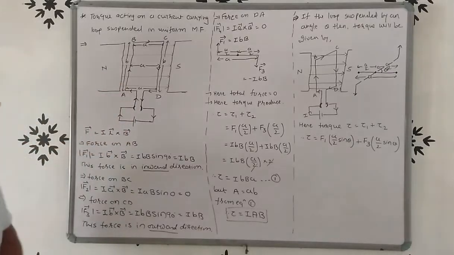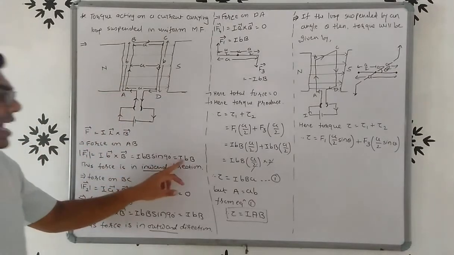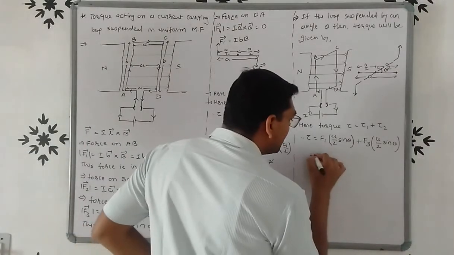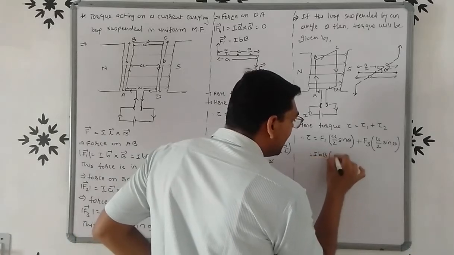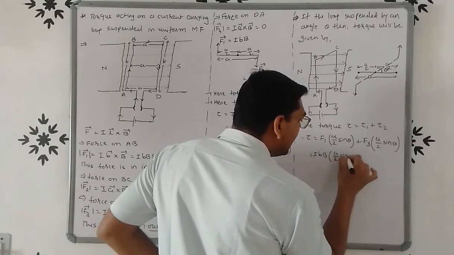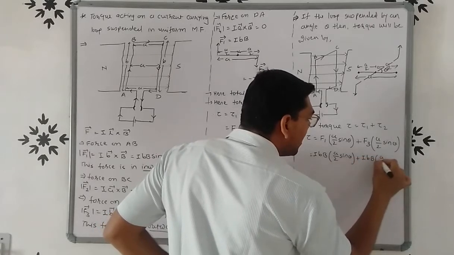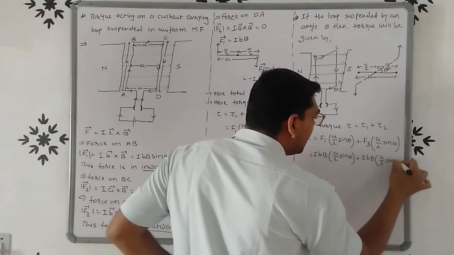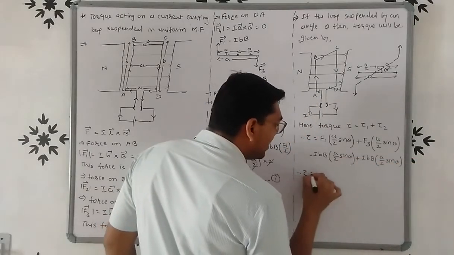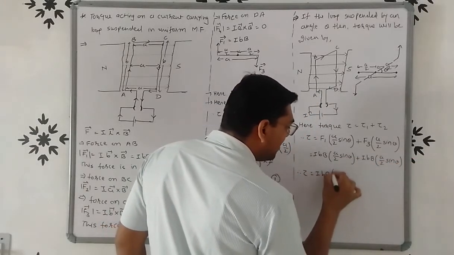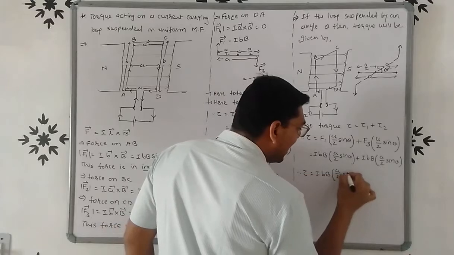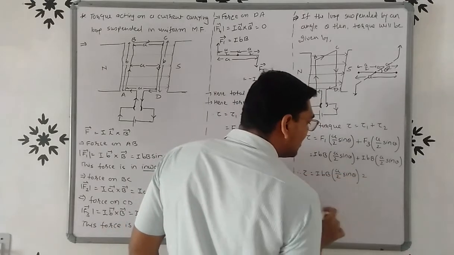We already know the magnitude of F1, that is I small b capital B. So I b B into a by 2 sin theta, plus F3, once again I b B, into a by 2 sin theta. So the torque will be I b B a by 2 sin theta, two times.